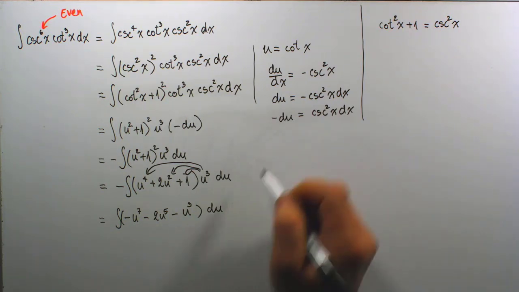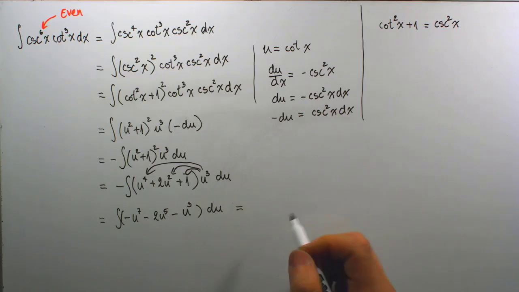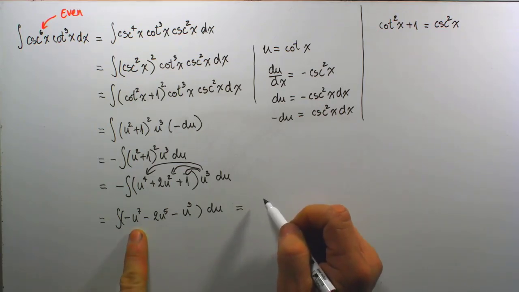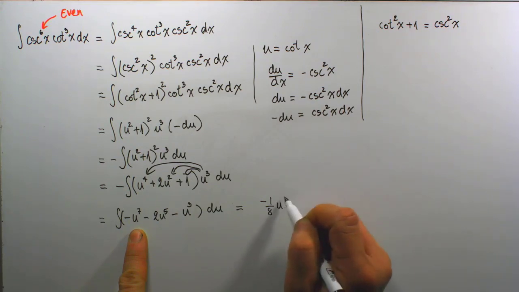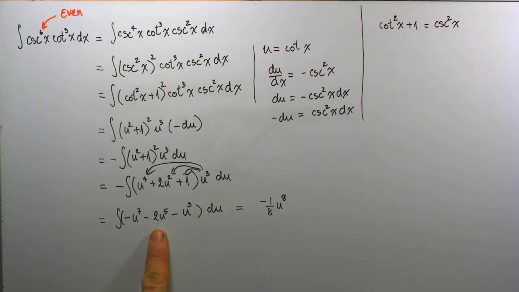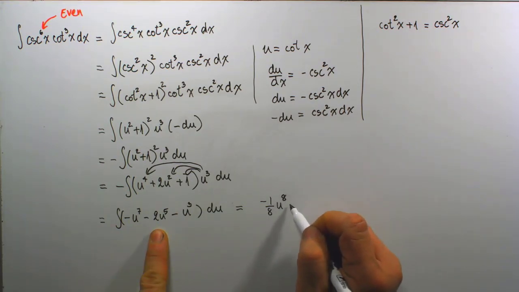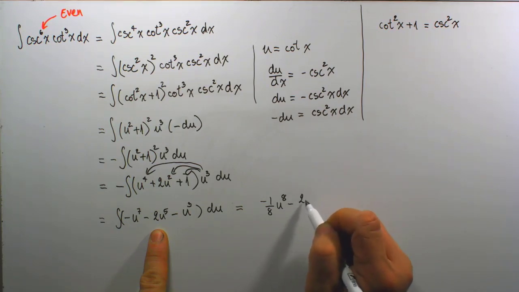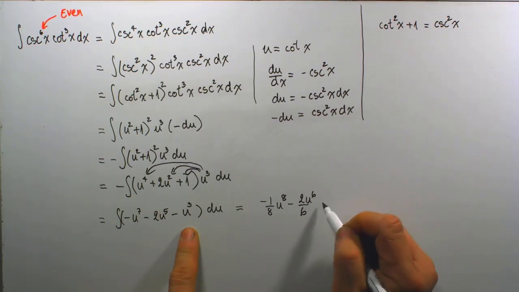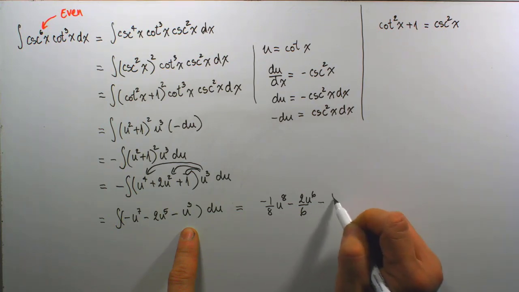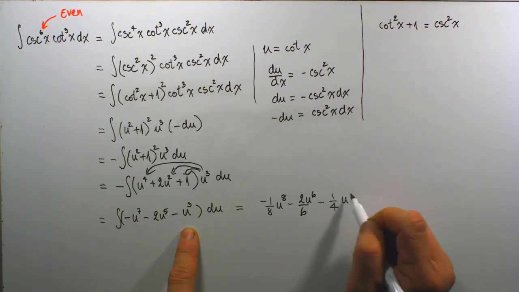So after term by term integration, my first term will become minus 1/8 u to the 8th. My next term will become minus 2 times u to the 6th over 6, which can be reduced further, and I'll wait on that until the next step. This term will become minus 1/4 times u to the 4th.